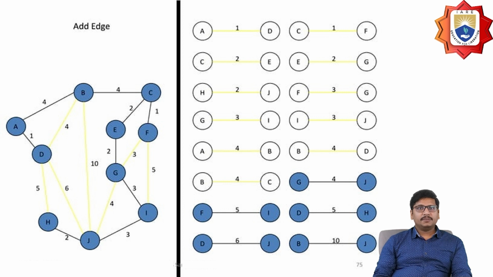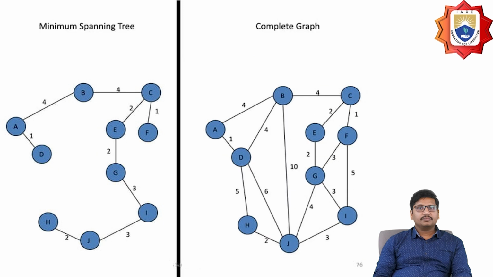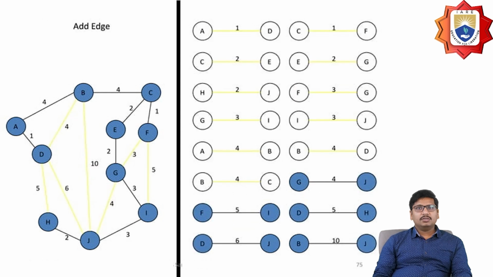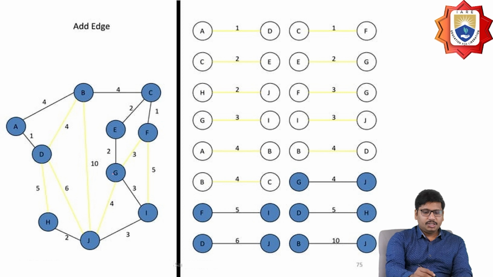Next JJ. So the loop is obtained. And FI, JJ. Loop is obtained, so will not consider. And HI. So the loop is obtained, so not considered. And DH.